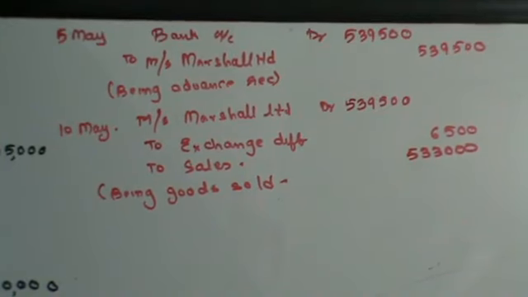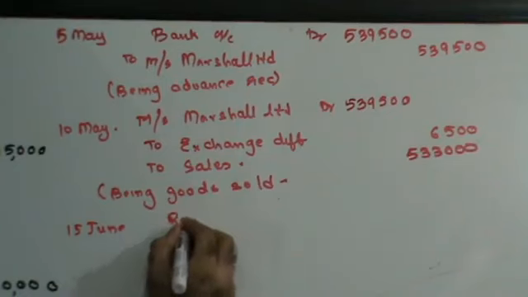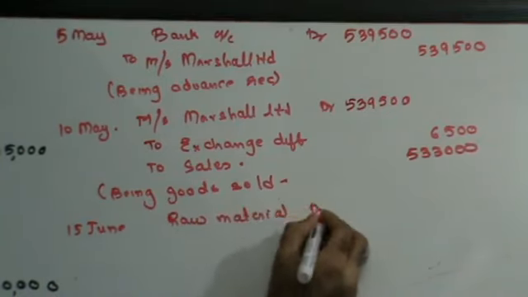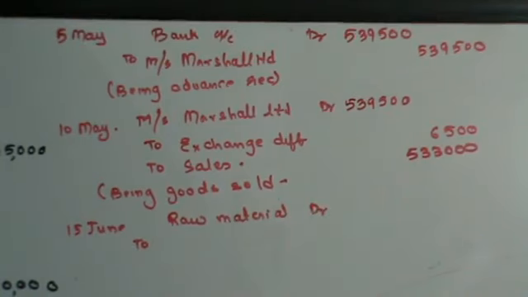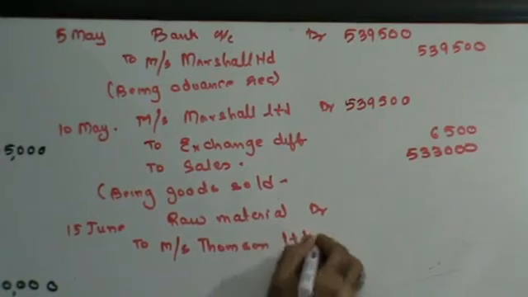On 15th June, raw material was imported worth $9,000 from Messrs. Thompson Limited. Debit what comes in? Raw material account debit to the name of the company, Messrs. Thompson Limited. Right? Now, they are saying that $9,000.